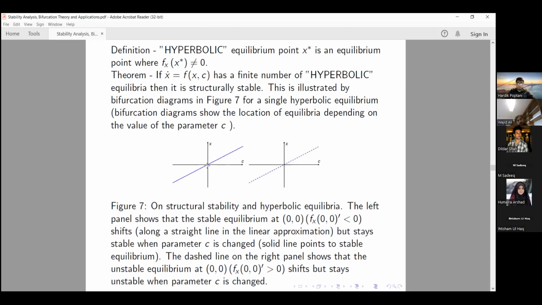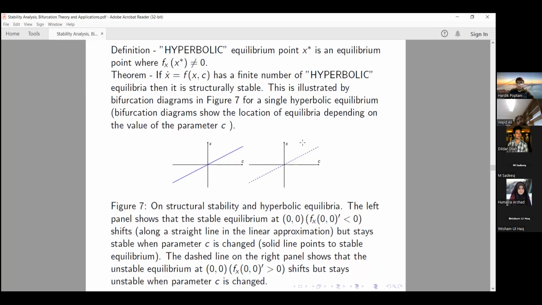If it's less than 0, this diagram does not show that, but it will shift along this line in a linear approximation, and stay stable when this is changed. So what this solid line means is that it is stable, but the shift, which is according to the parameter c, will happen only along this line, and the system will stay in equilibrium because it's staying here.